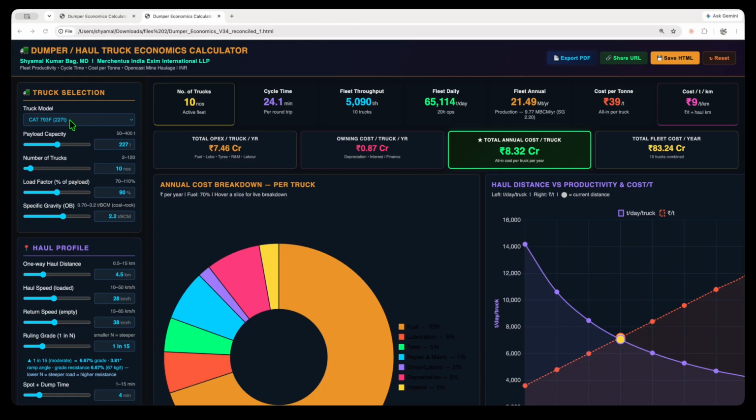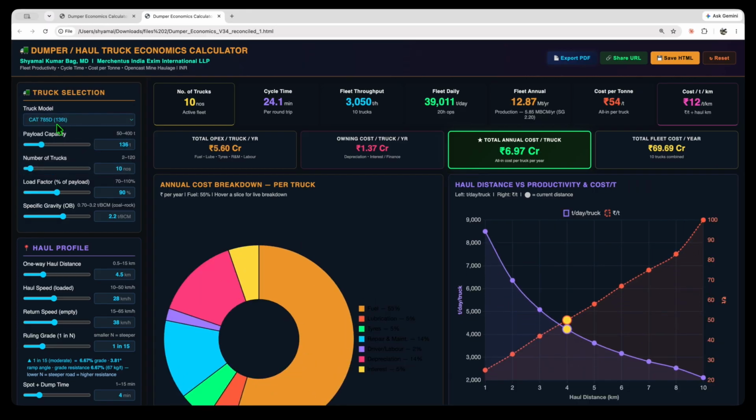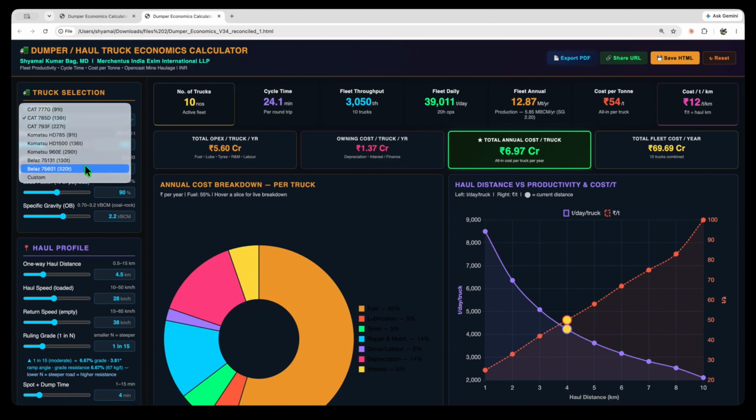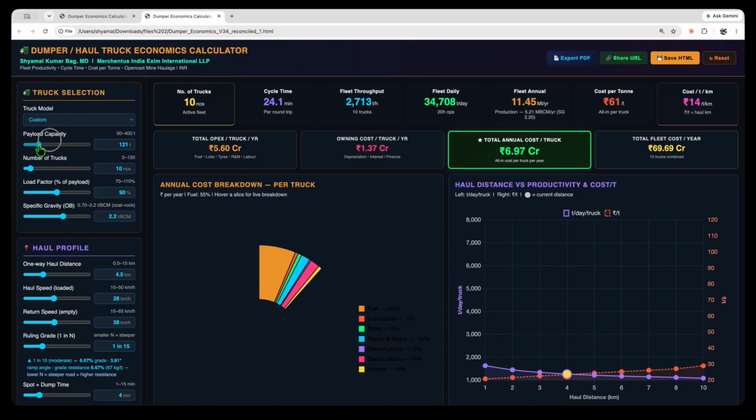First, let us select the truck model. There are a lot of trucks in the list. Click any truck and this will reflect the truck. Apart from that, if you use a custom truck, then you can have different choices of dumpers.